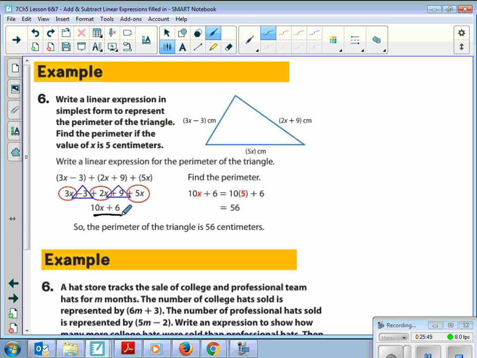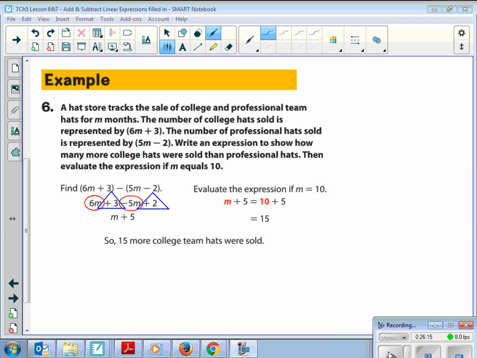So this is the expression that gives me the perimeter of this triangle. Then the second part of this problem says, find the perimeter if x is equal to 5 centimeters. So there you're going to evaluate that expression when x is equal to 5. You're going to substitute and simplify.